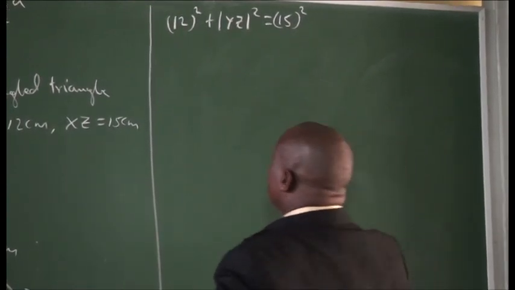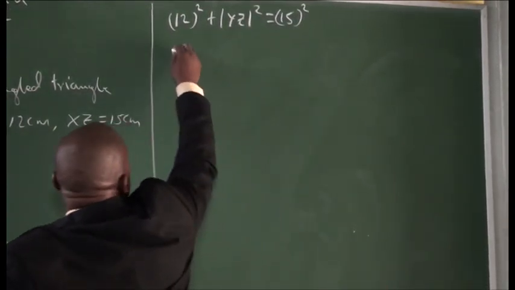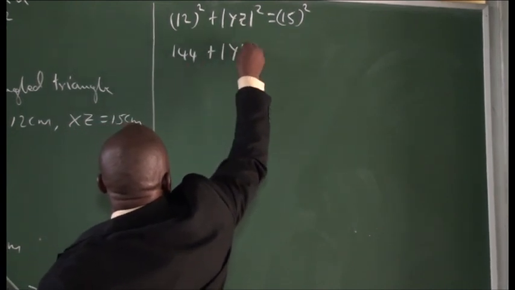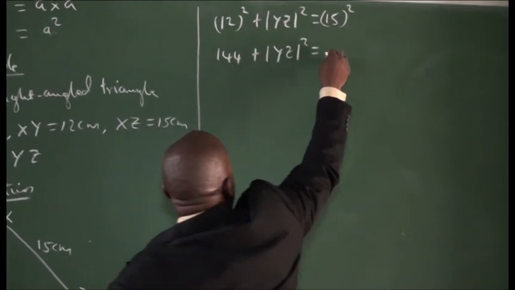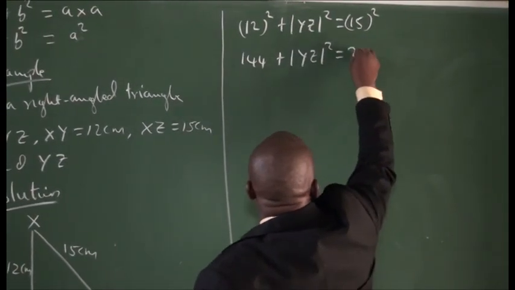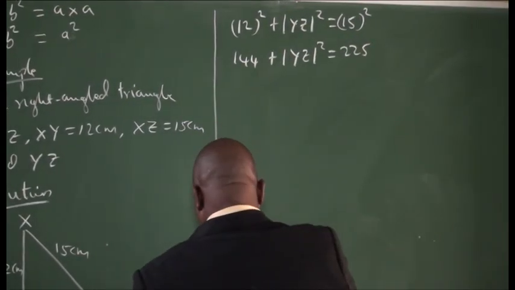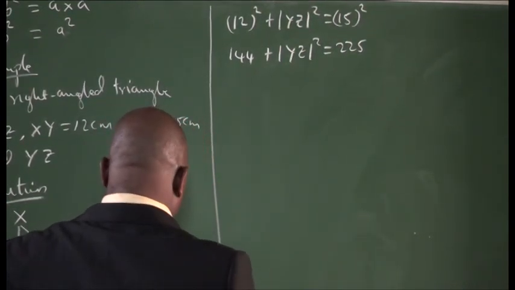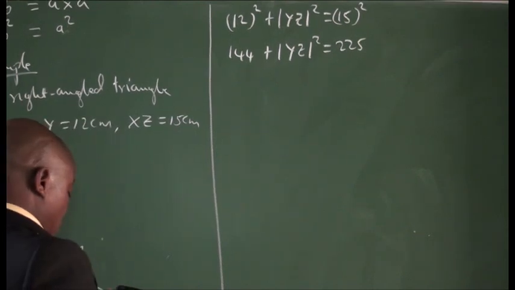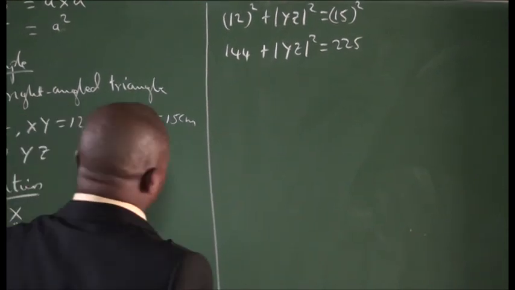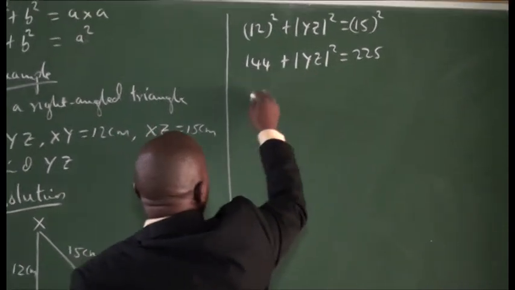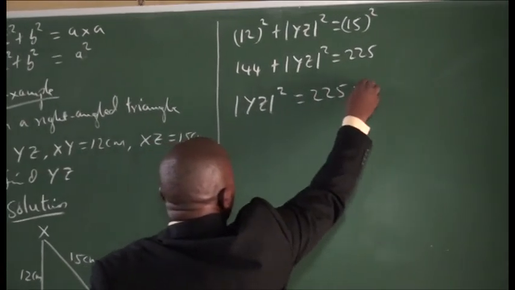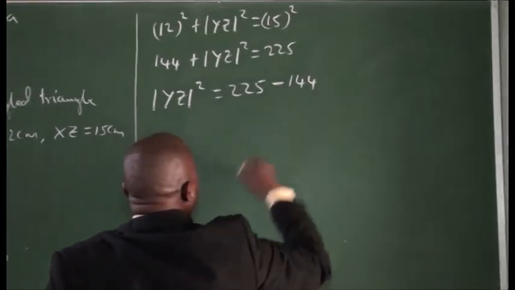And we know that 12 square is 144 and 15 square is 225. So we need YZ square, which is 225 minus 144.